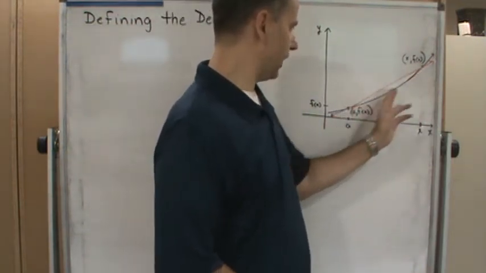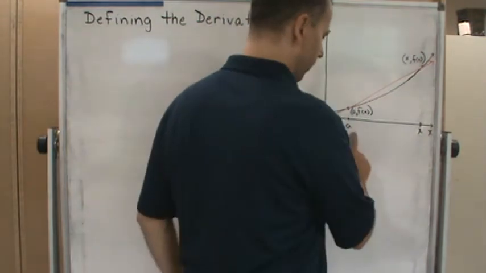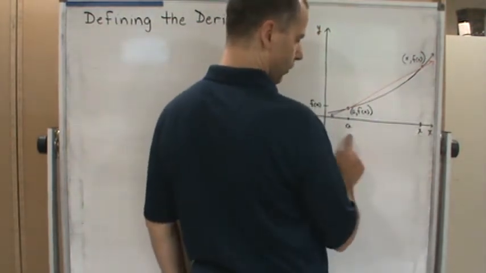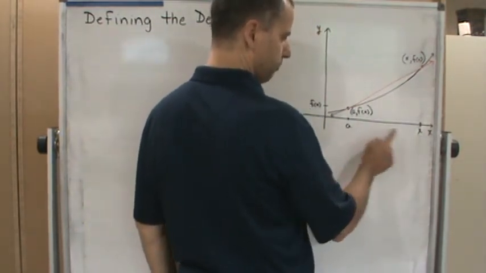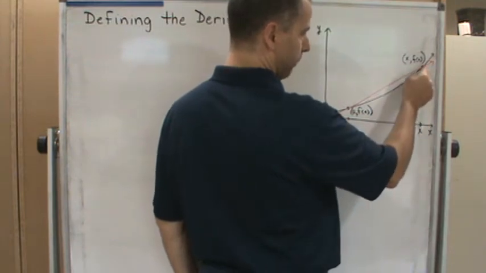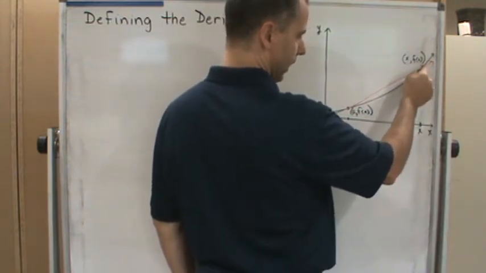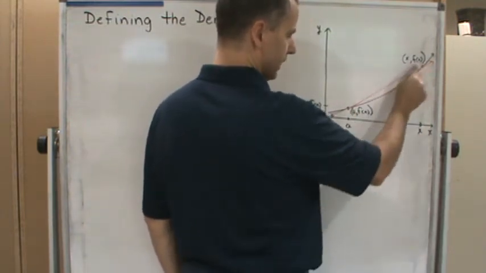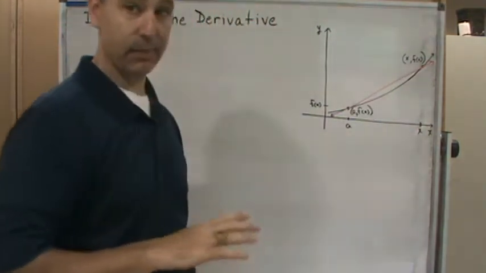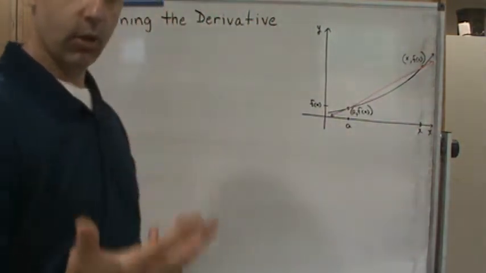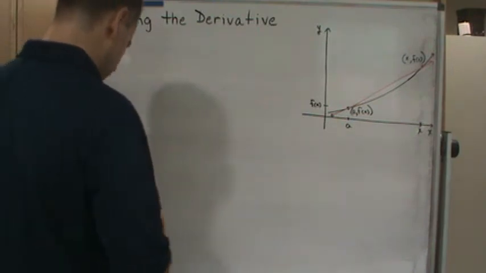We can take a point, some value of x, some distance from a, and we'll use the slope of the secant line to estimate the slope of the tangent line.